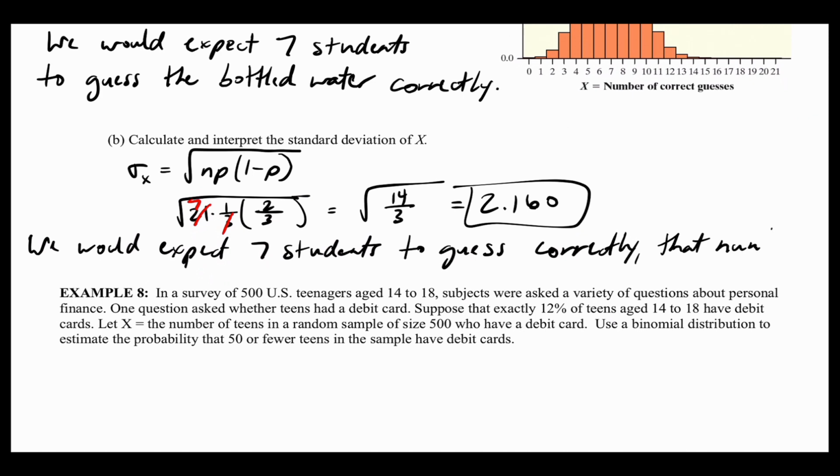That number will vary by about 2.160 students. That's why the bars around 7 are high as well, because there could be some variation. There could be some leeway there.